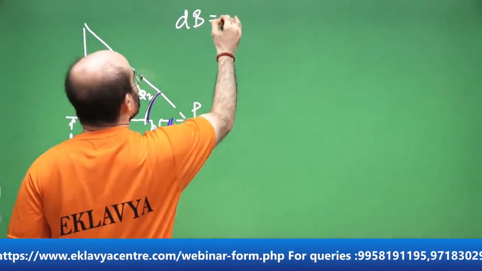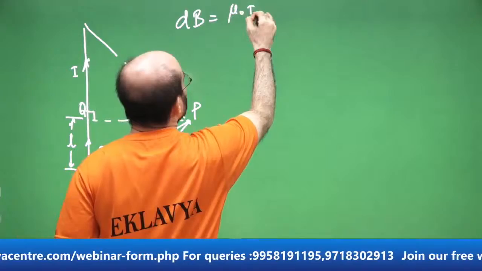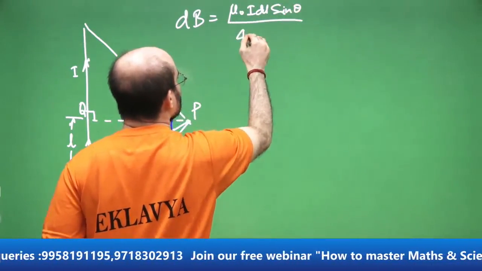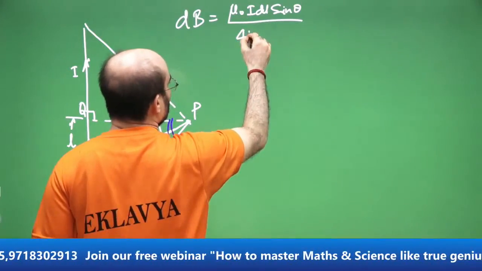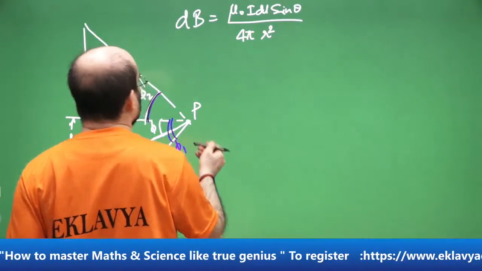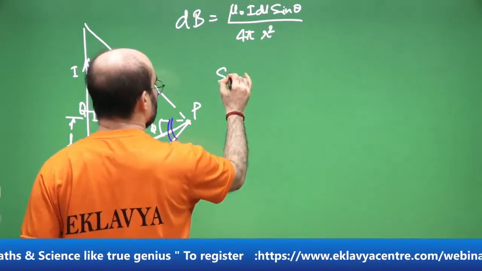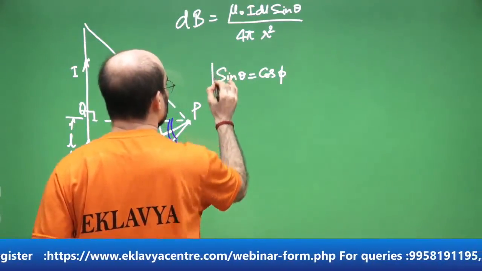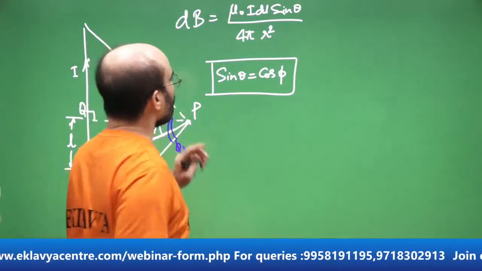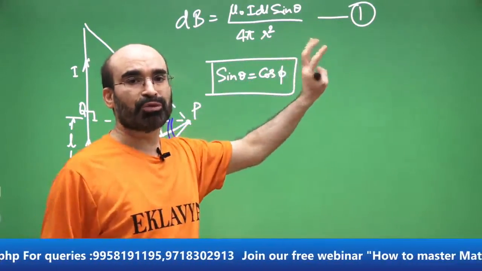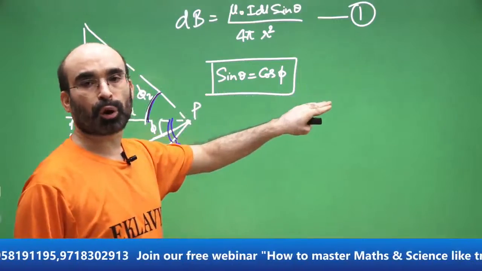So far we have done dB equals mu naught I dl sin theta by 4 pi r square. We have already done sin theta equals cos phi. Mark this as equation 1, and in equation 1 we will put sin theta equals cos phi.